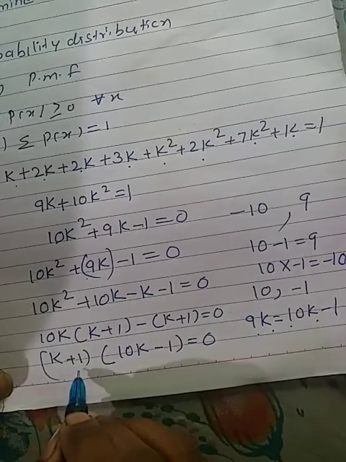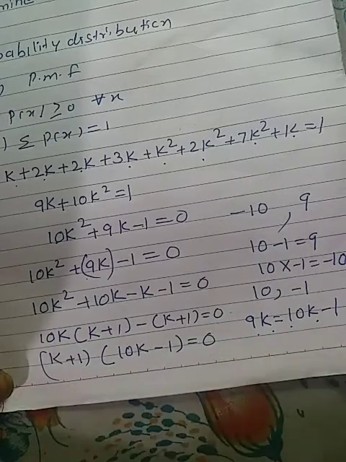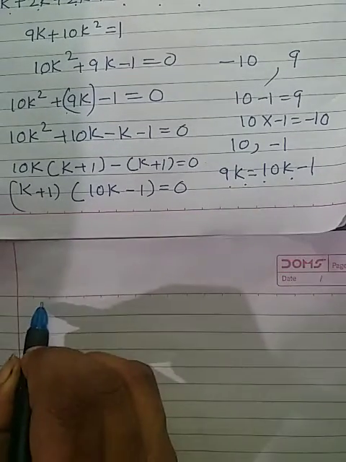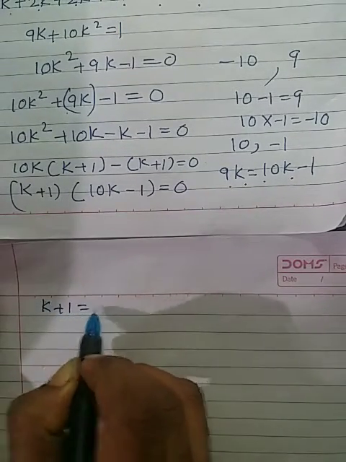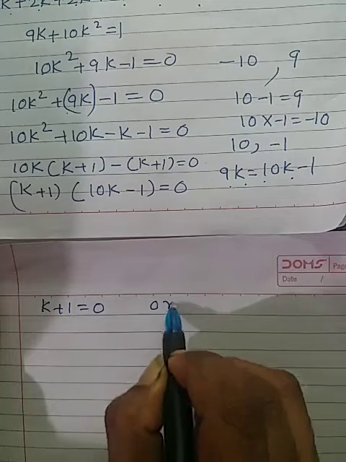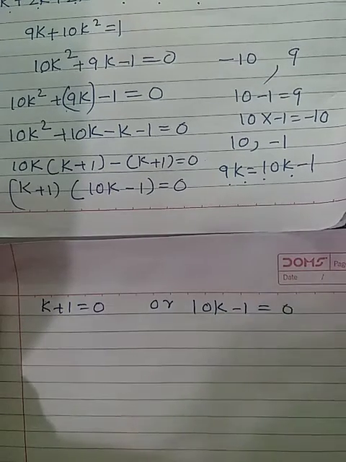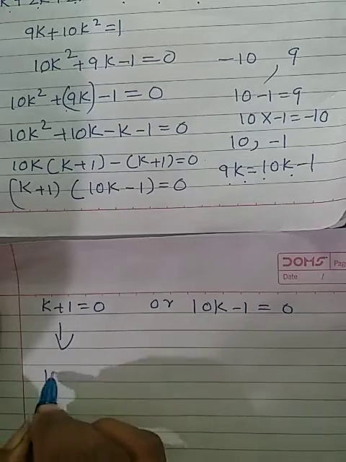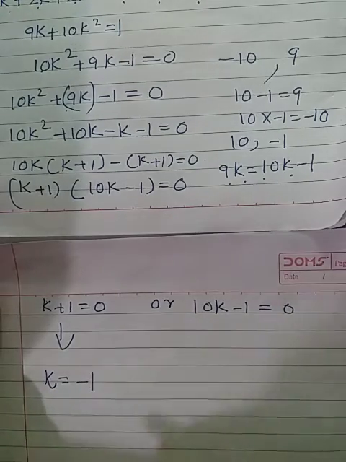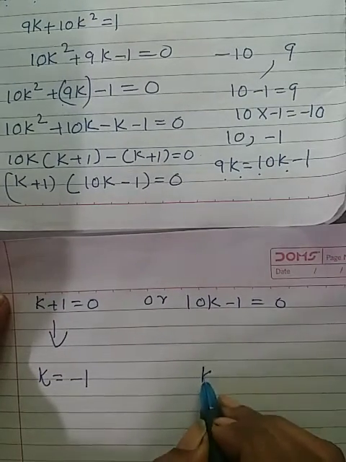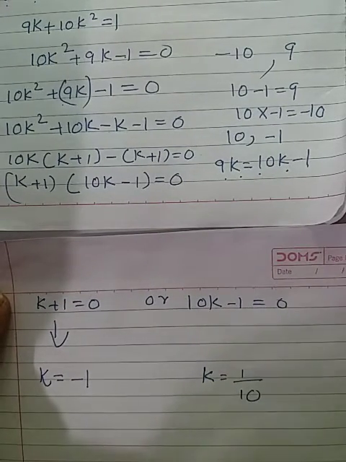So either k plus 1 equal to 0 or 10k minus 1 equal to 0. If k plus 1 equal to 0, k equal to minus 1. If 10k minus 1 is equal to 0, k equal to 1 upon 10.